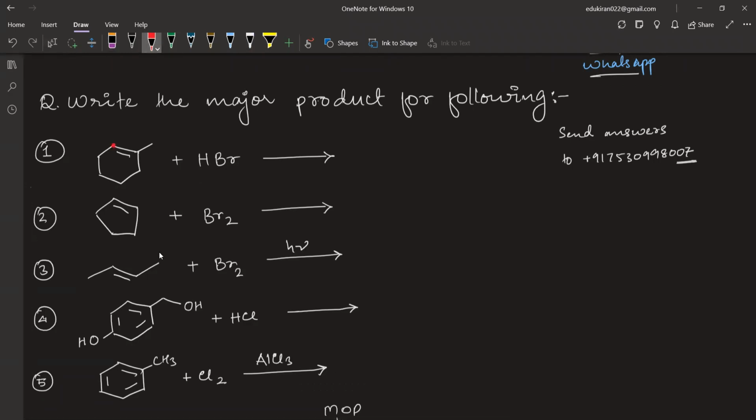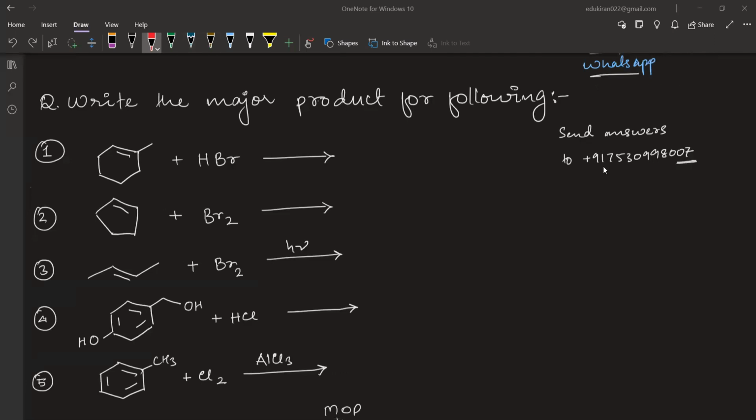I think I need to revise these parts. You have not written the correct answer here. Markovnikov rule, anti-Markovnikov rule. Do you remember these things, Sneha? Yes, just remember. You have to revise. Okay, fine. So in this case, what do you think, Markovnikov or anti-Markovnikov? Markovnikov rule, correct.